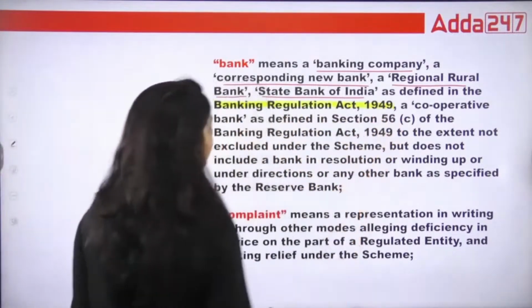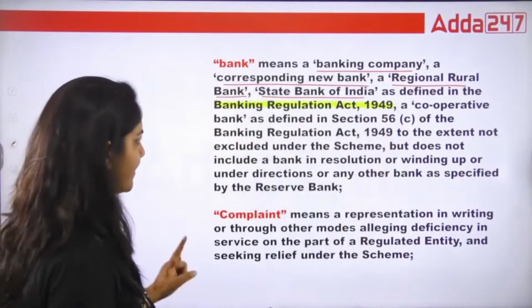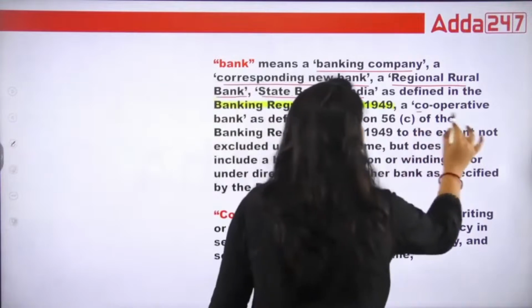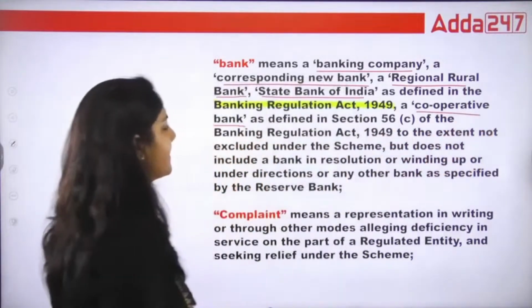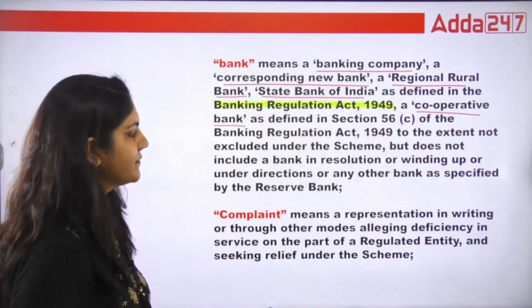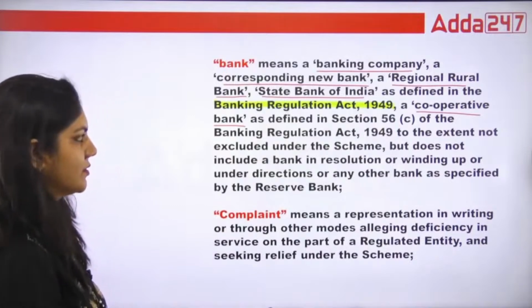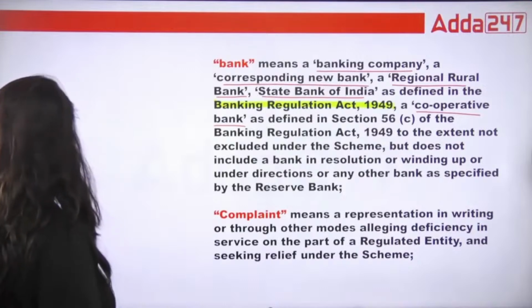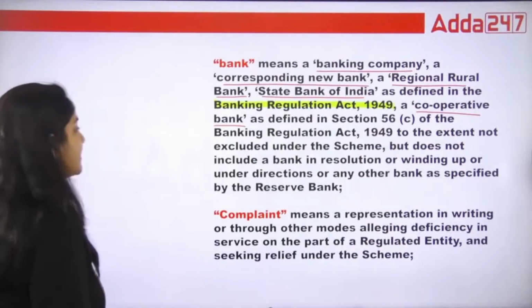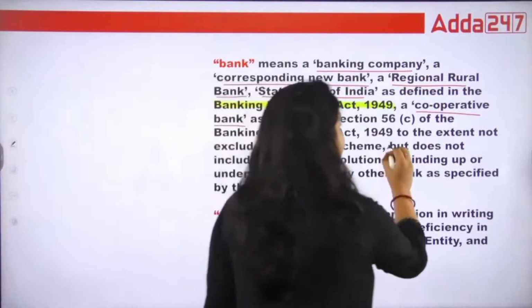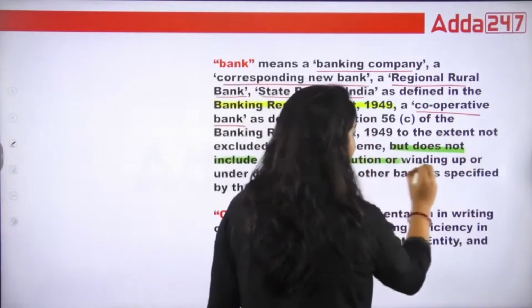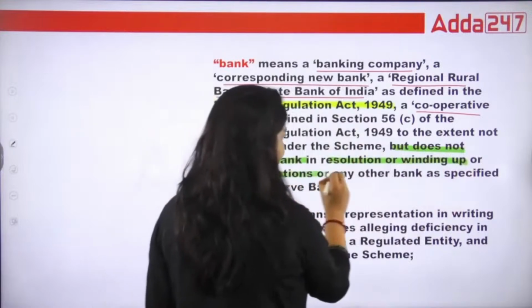And it also includes the cooperative bank as defined under section 56C, right? But it does not include, and this is very important, a bank in resolution or winding up under direction.